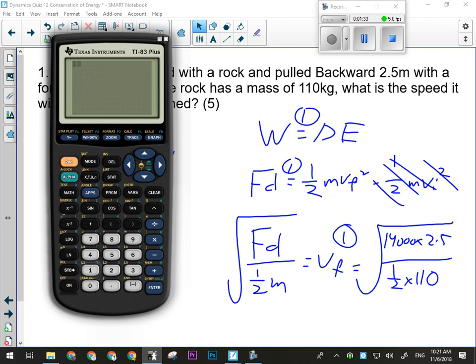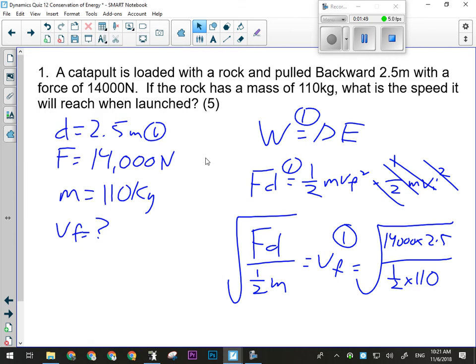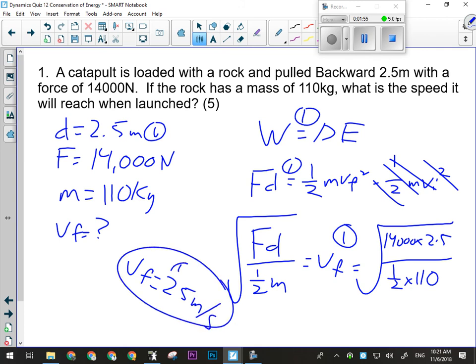So we've got 14,000 times 2.5 divided by 55 square rooted. All right, so it'll leave the launcher at 25 meters per second. 5th mark. Questions on that? All right.